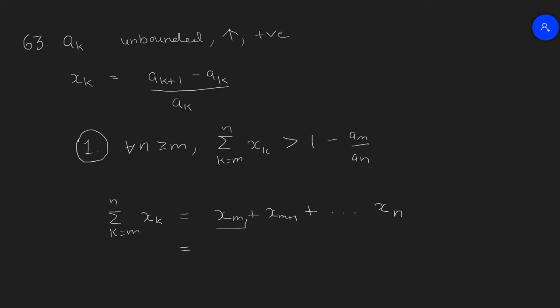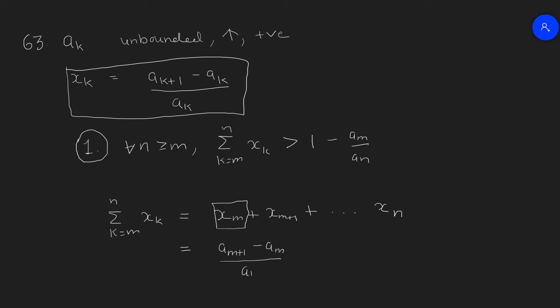What is x_m? By the definition, we know x_k is equal to (a_(k+1) minus a_k) by a_(k+1). Well, there is a slight change: it is defined like this, with m plus 1. So x_m will be (a_(m+1) minus a_m) by a_(m+1).